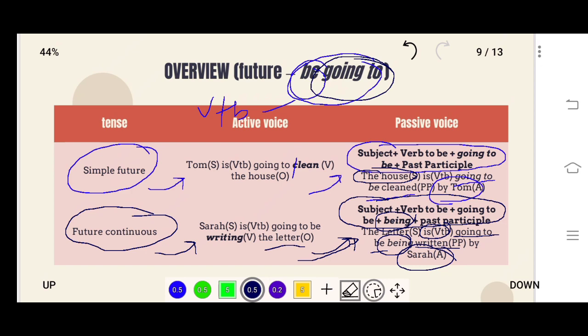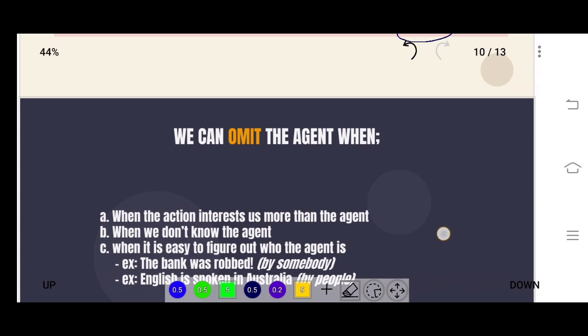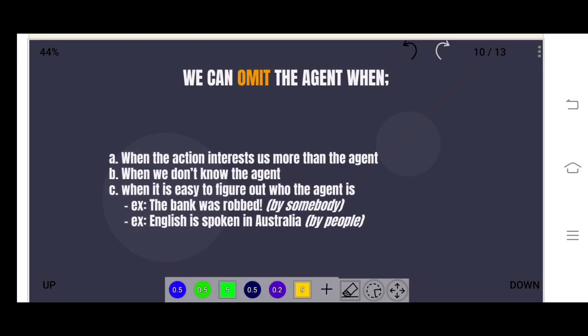Okay, let's move on. So the agent, we know that the agent before this is Tom, Sarah, in my example. Actually we can omit the agent when the action interests us more than the agent.